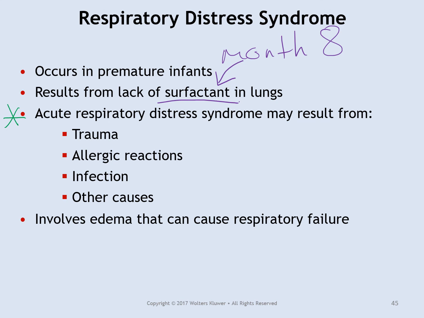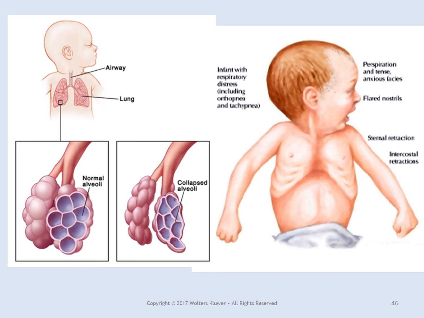But little premature babies spend a whole lot of energy trying to breathe because they don't have that surfactant to help open up their alveoli. You can see here the difference between our nice normal open alveoli versus these really collapsed ones. You're not going to get a lot of air into those alveoli on the right.